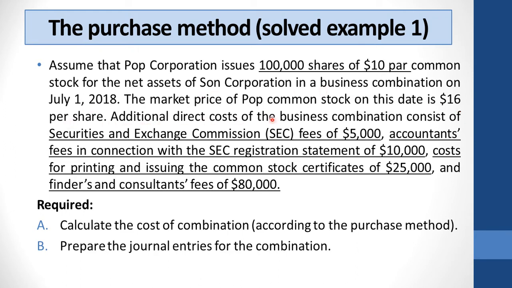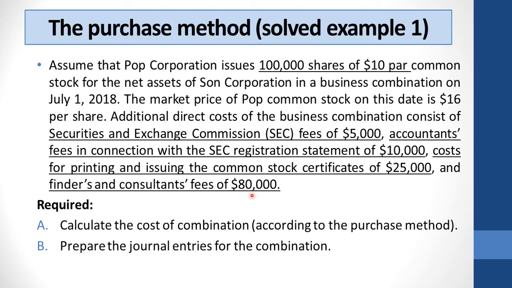Additional direct costs of the business combination consist of other costs besides the 100,000 shares issued. We have Securities and Exchange Commission, SEC, fees of $5,000, accountants' fees in connection with the SEC registration statement of $10,000, costs of printing and issuing the common stock certificates of $25,000, and finder's fees and consultant fees of $80,000.